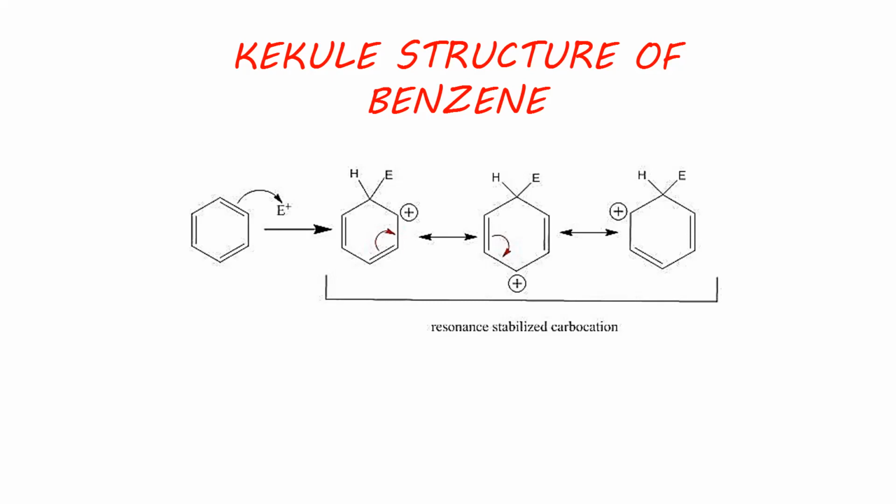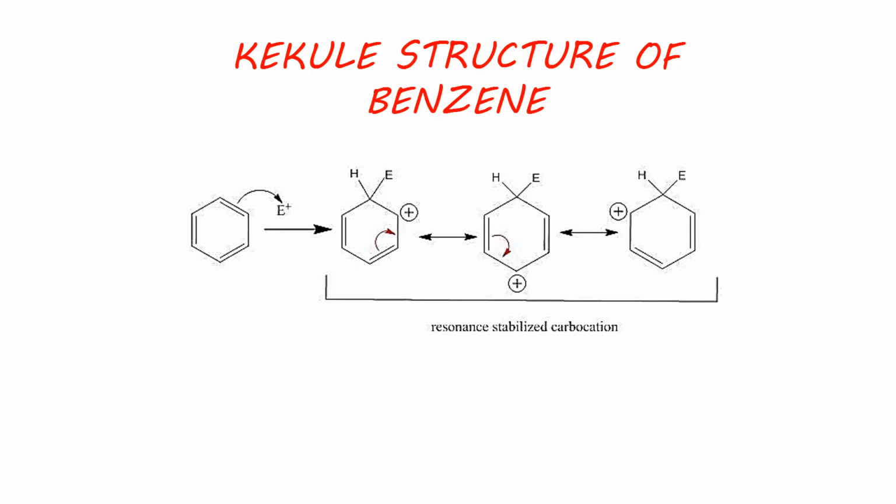Now, due to its unique property and unusual stability, it took several years to assign its structure. Benzene was found to be a stable molecule and found to form a triozonide, which indicates the presence of 3 double bonds. Benzene was further found to produce one and only one monosubstituted derivative, which indicated that all the 6 carbon and hydrogen atoms of benzene are identical.